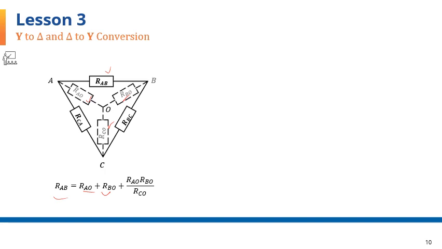Let's say we want to calculate RBC now. Given this rule, I'll add the two Y resistors that are connected to its two ends, so it would be RBO plus RCO, and then plus a fraction.